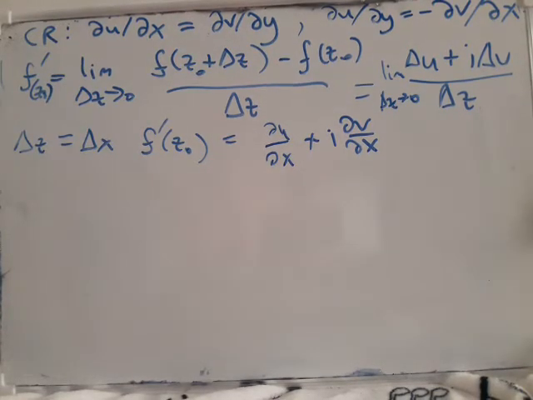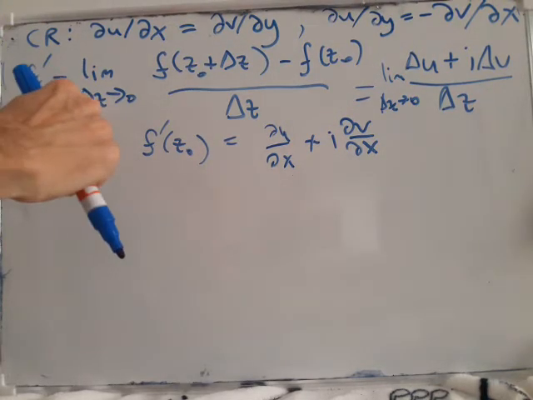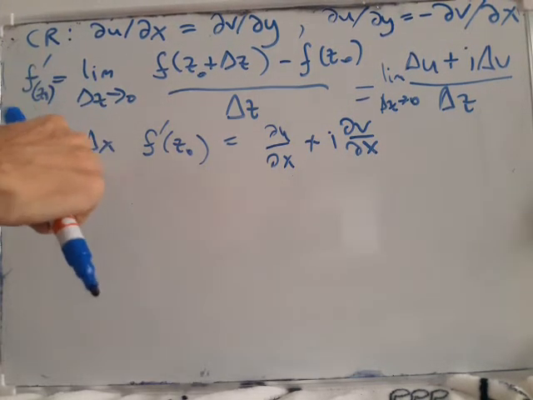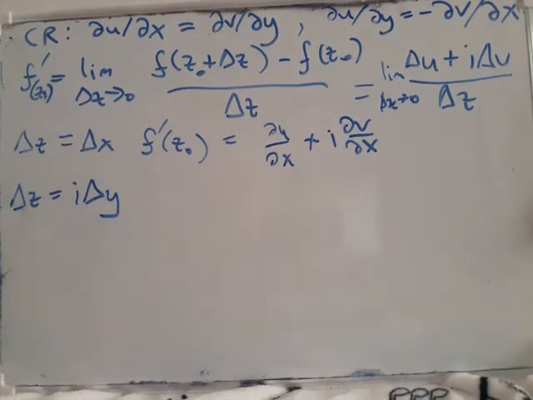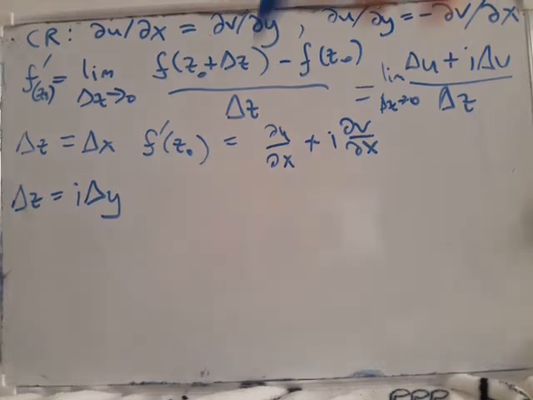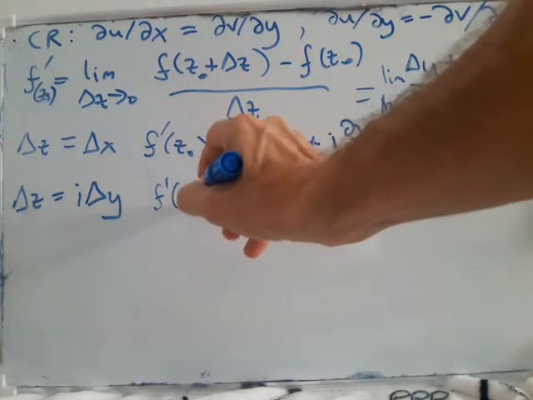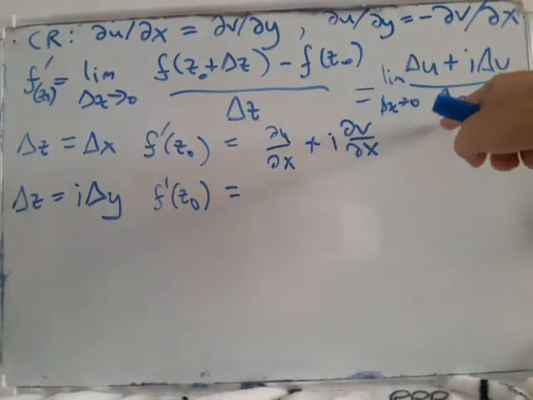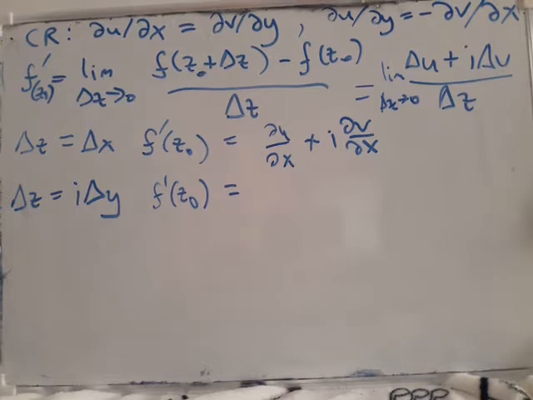But equally, we could also get the derivative if, instead of delta z being delta x, we make it in the imaginary direction, and we should get the same answer. Then delta z is i times delta y. Then what will we get? Well, we replace delta z by i delta y.